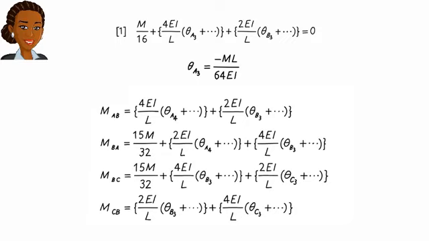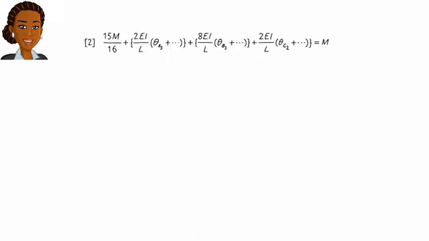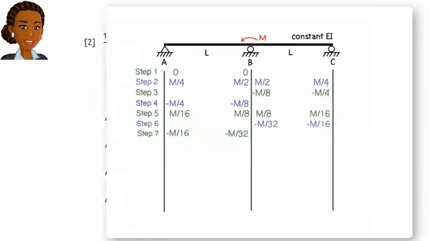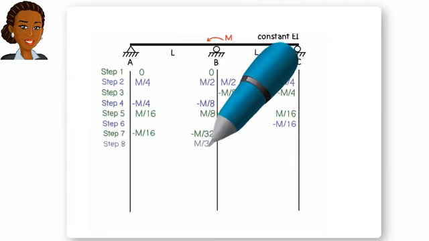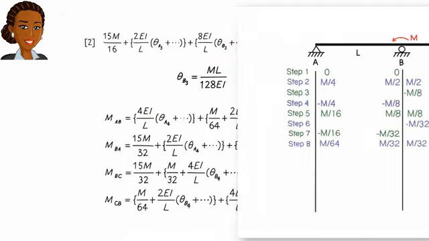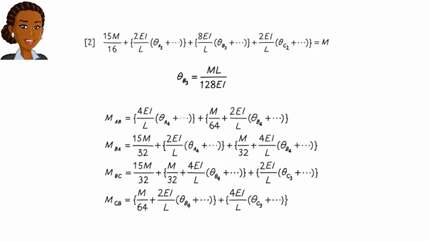Iteration 8. We are now calculating theta B3. Here is the equilibrium equation. Set theta A and theta C to 0 and solve for theta B3. Substituting this value in the slope deflection equations, we get... updating the table, we get... now rearrange the slope deflection equations.